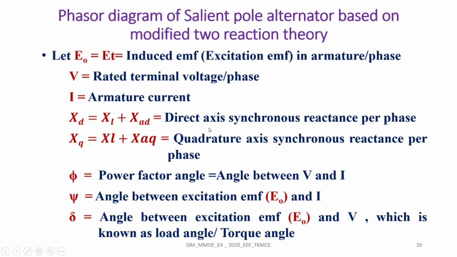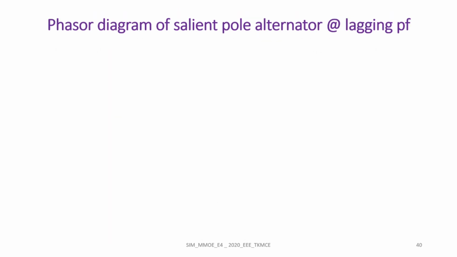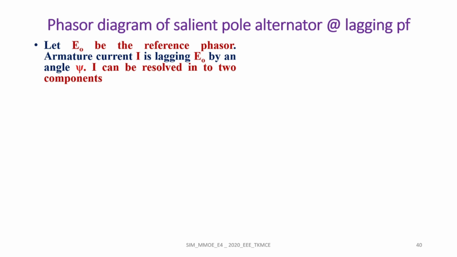Phi is the power factor angle, that is the angle between voltage and I. Psi is the internal power factor angle, which is the angle between excitation EMF and armature current I. Delta is the angle between excitation EMF E0 and terminal voltage V, which is known as load angle or torque angle or power angle. Now let's see the phasor diagram of salient pole alternator working under lagging power factor condition.